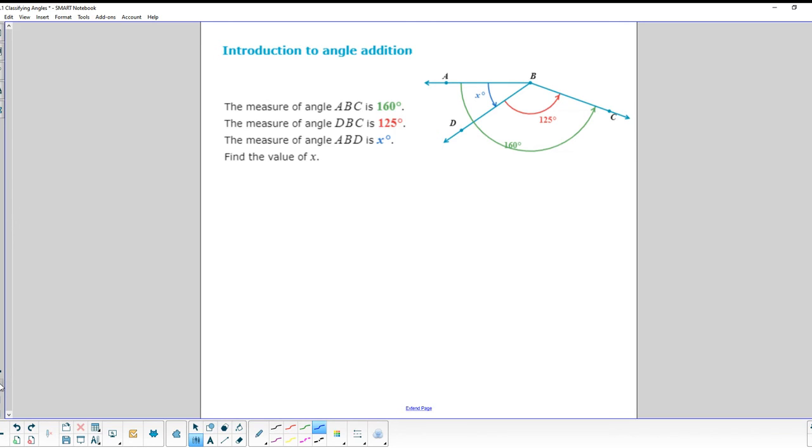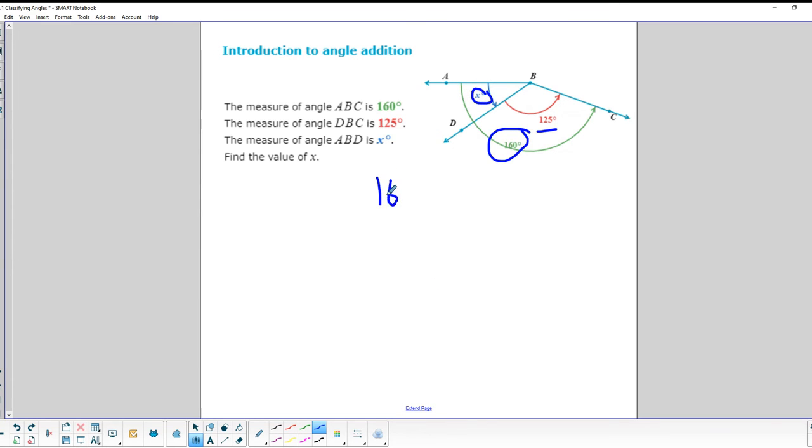All right, now we're going to talk about angle addition for a moment. We notice we've got a couple of angles here, and right off the bat, they tell us that the entire span of this angle is 160 degrees. But you also know that a part of that span, this section over here, equals 125 degrees. So if we know that's 125 degrees, and we know that the entire angle is 160, we can find x by just subtracting these numbers.